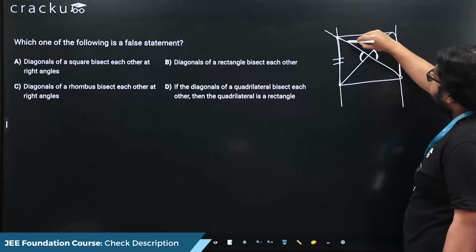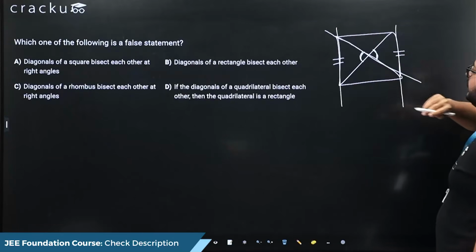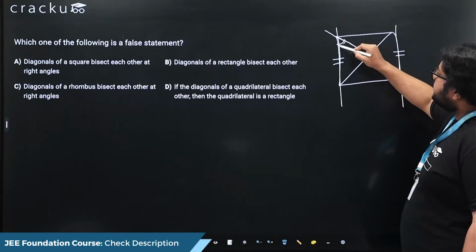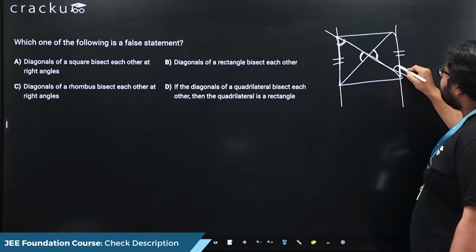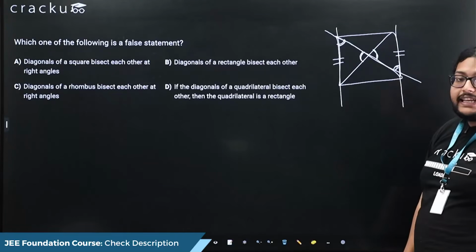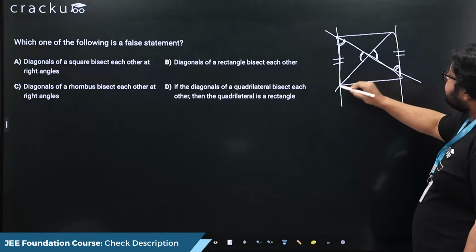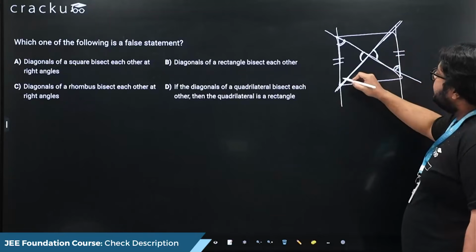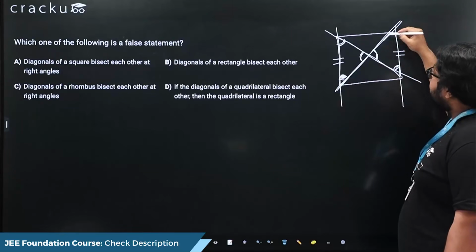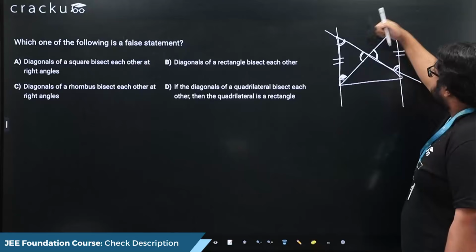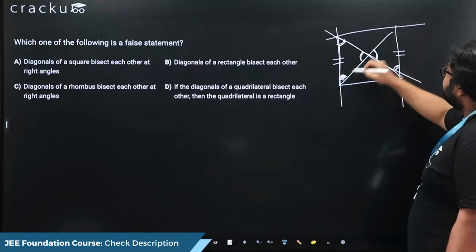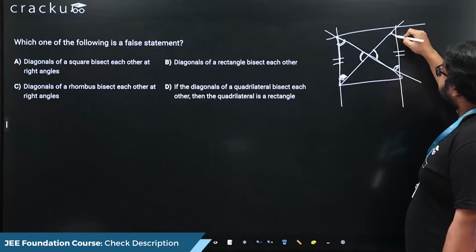And if I consider this line to be a transversal, in that case, this angle is essentially equal to this angle because alternate angles. Similarly, if I consider this one to be a transversal, then I can say this angle is equal to this angle.